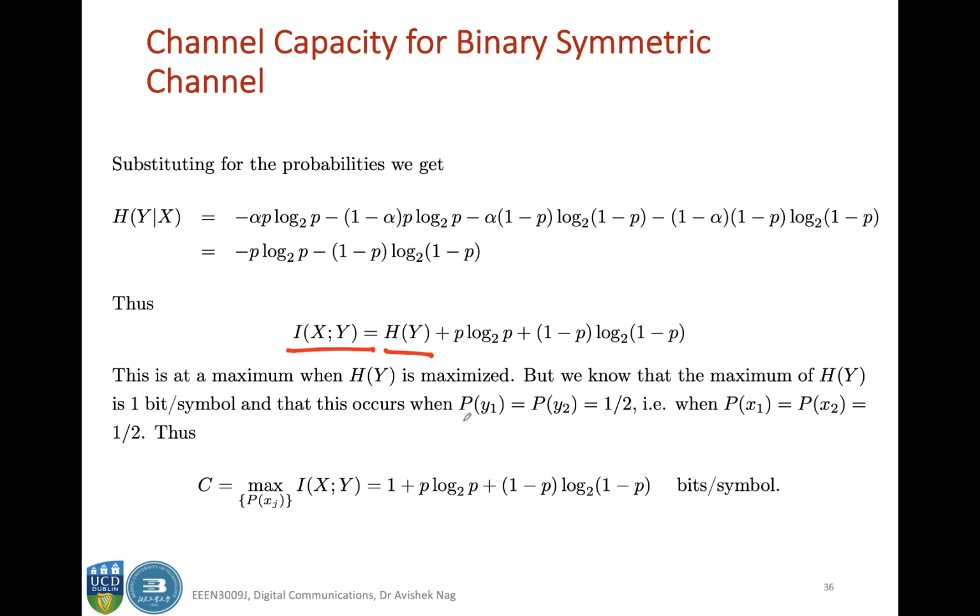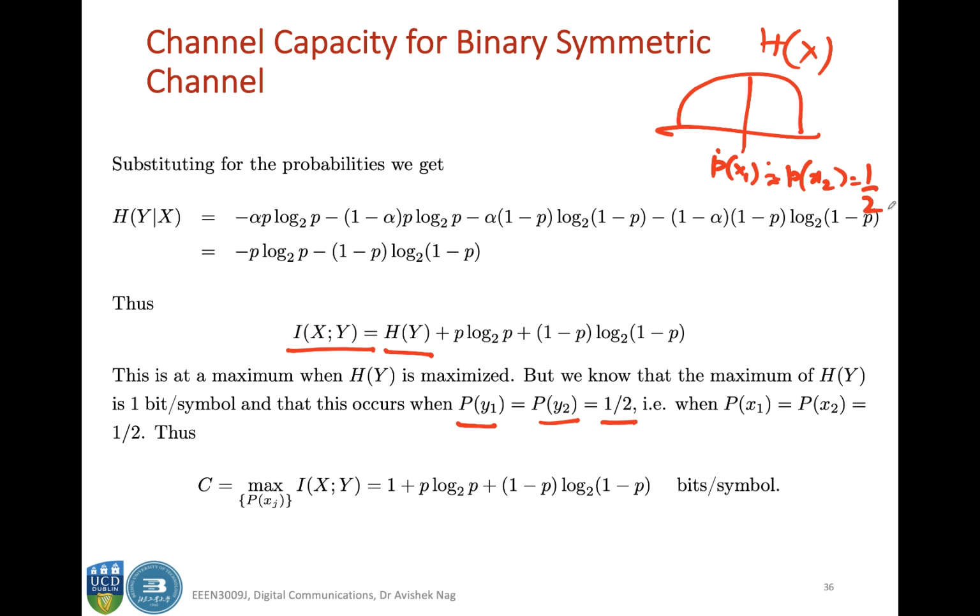and h of y is maximized when your p of y1 is equal to p of y2 equal to half from the analysis that we did before, because entropy of any quantity is maximum when the input probabilities are equal, or equiprobable.